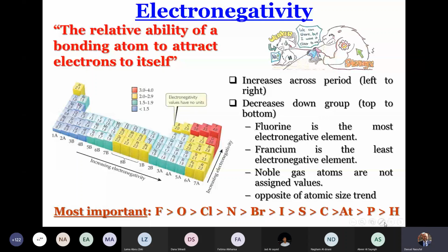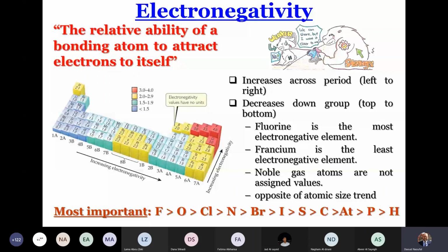Falkland-Brace-Catch. So F is more electronegative than oxygen, more electronegative than Cl, more electronegative than N. This is Falkland. Br greater than I, greater than S, greater than carbon.